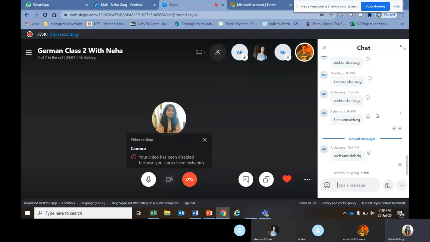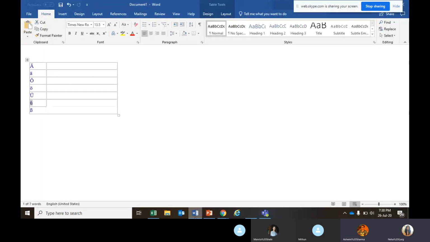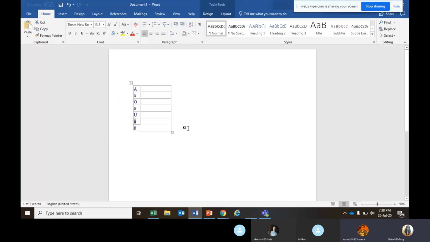But when we are writing 60 and 70, we would be saying sechzig or siebzig. So here, not to get confused, let me write it. 6 is sechs. 7 is sieben.